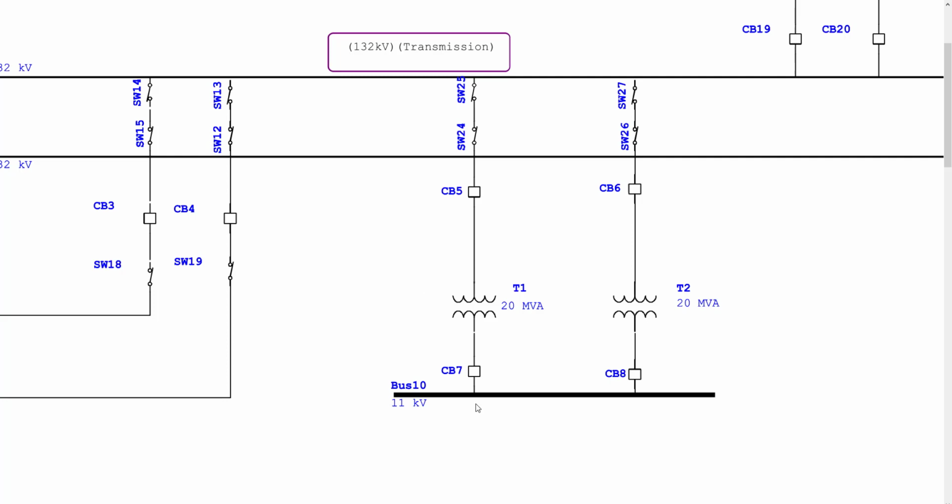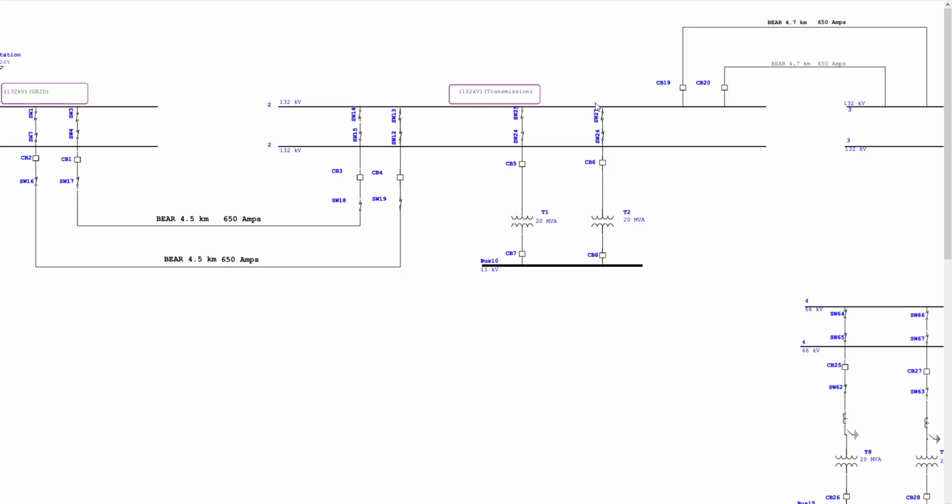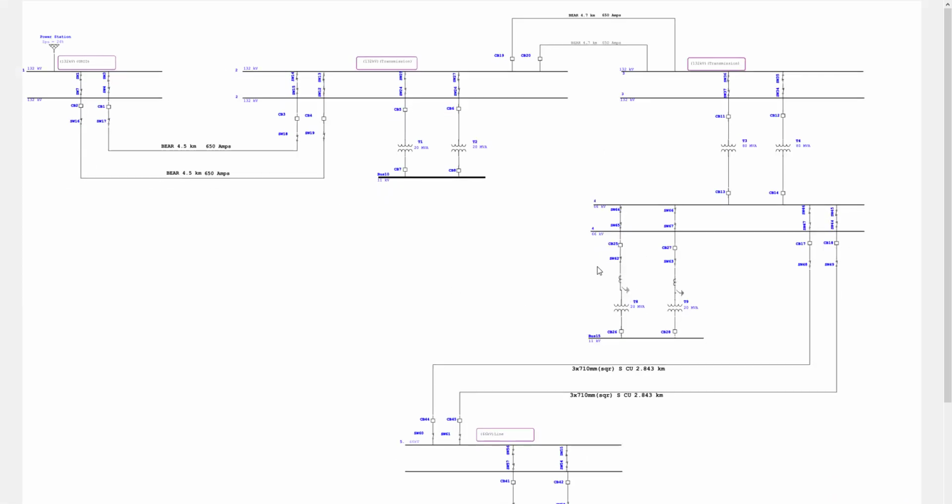We have a transformer. We don't know what's going to be connected on this busbar, but we know it's coming from this busbar 2. So we need to ensure that busbar 2 has adequate protection to deal with whatever situation might occur there, even though busbar 2 itself needs to have its own protection.